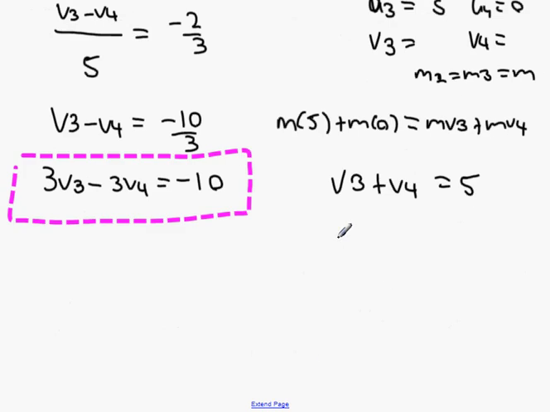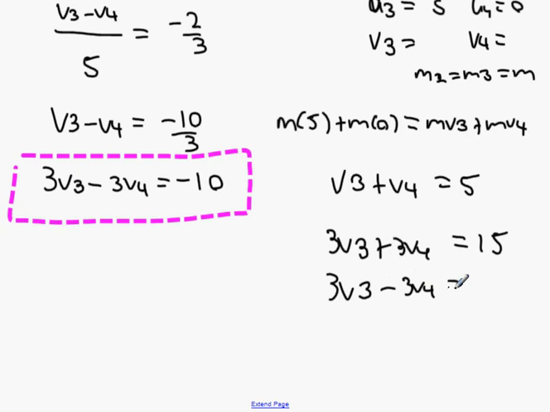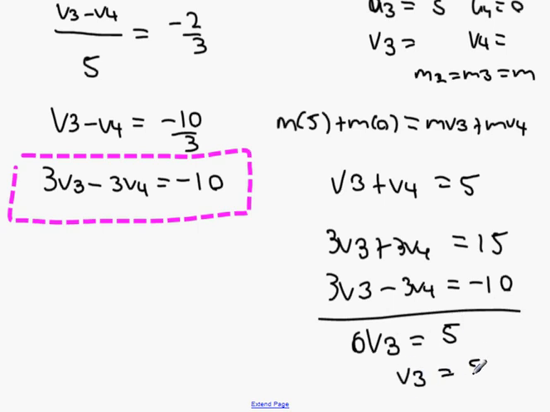Multiply that by 3. 3V3 plus 3V4 equals 15. 3V3 minus 3V4 equals minus 10. 6V3 ends up to be equal to, oh, this is interesting now, 5. V3 ends up to be 5 over 6.